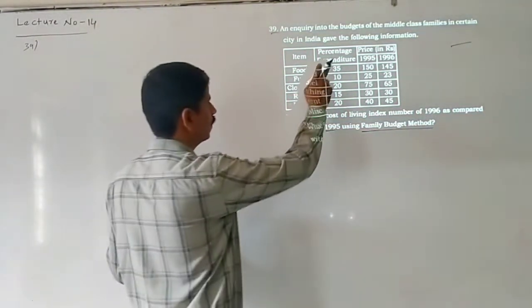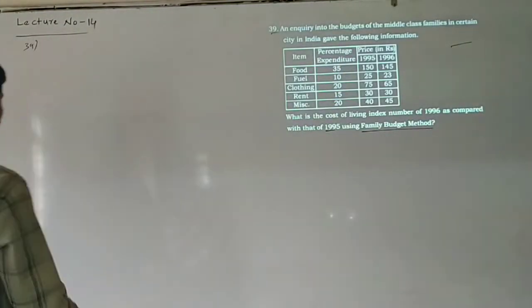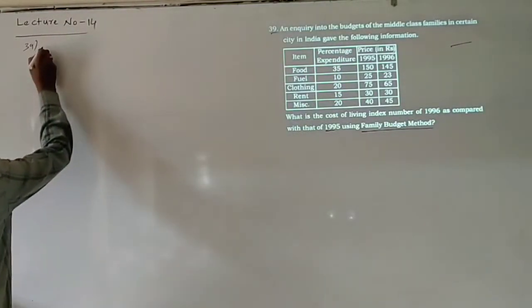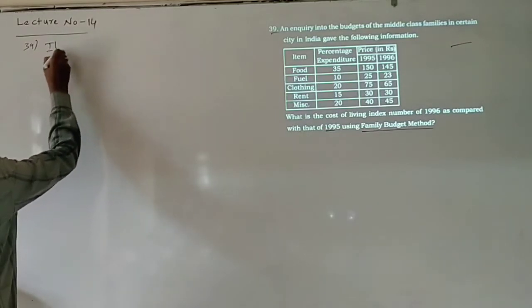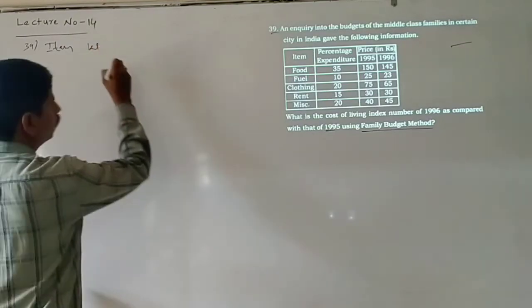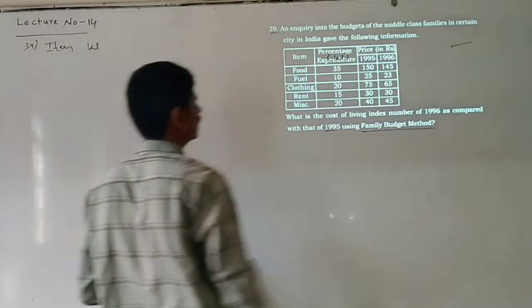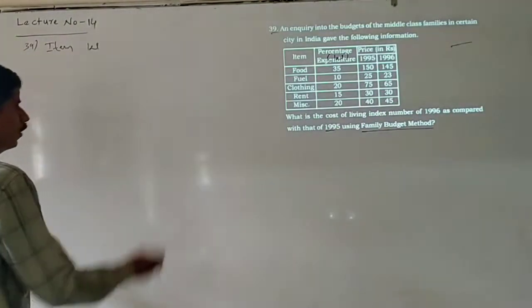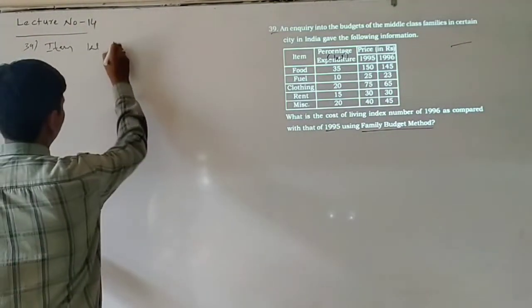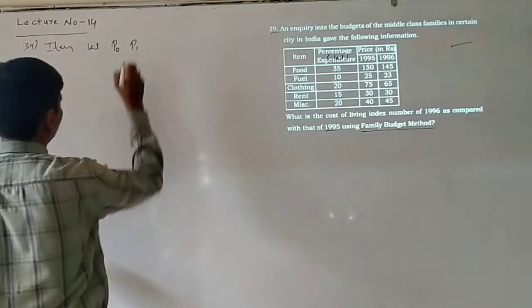Here percentage expenditure is nothing but weight. First you have to write down item; percentage expenditure is nothing but W. Price in 1995 is P0, the base year, and 1996 is the current year, that is P1.